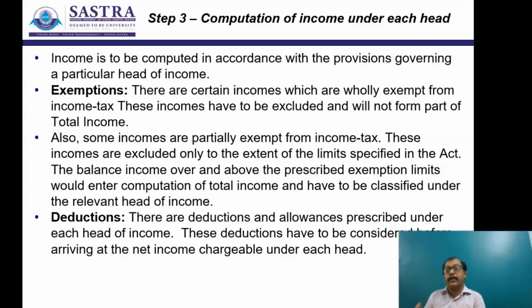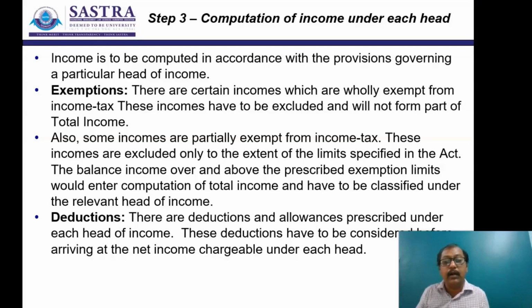Some of the exemptions might be given to the persons who are doing business alone. To treat these exemptions separately, there are certain incomes which are wholly exempted from income tax. These incomes have to be excluded and will not form part of your total income.